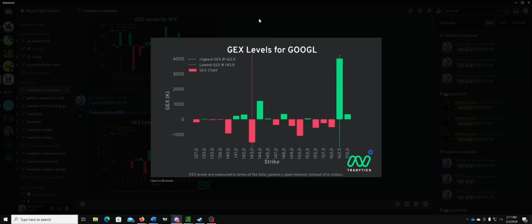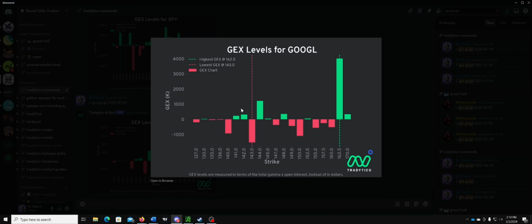The only way Google's going to go up is if it gets above 143. Once it gets above 143, now you have a green bar at 142, a green bar below it, and a green and a red bar below that. Don't forget, if it gets above 143.50, this could push the price past 144.